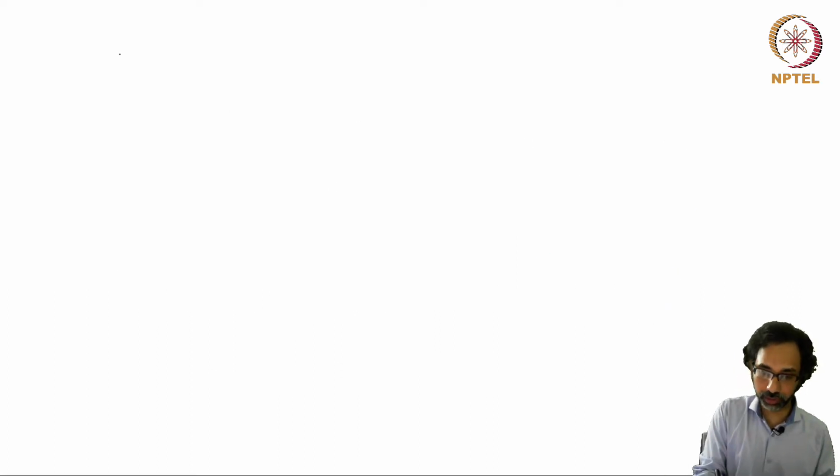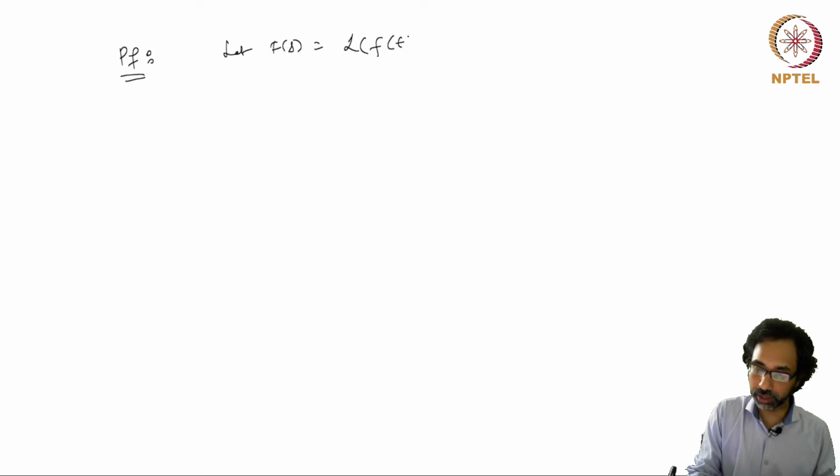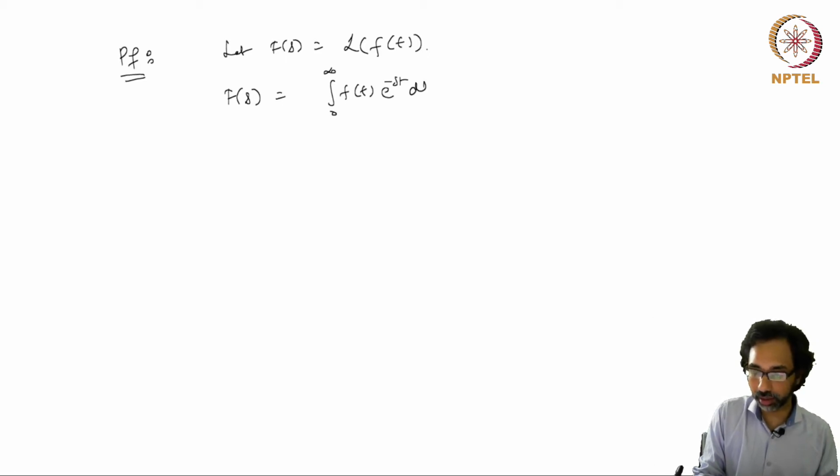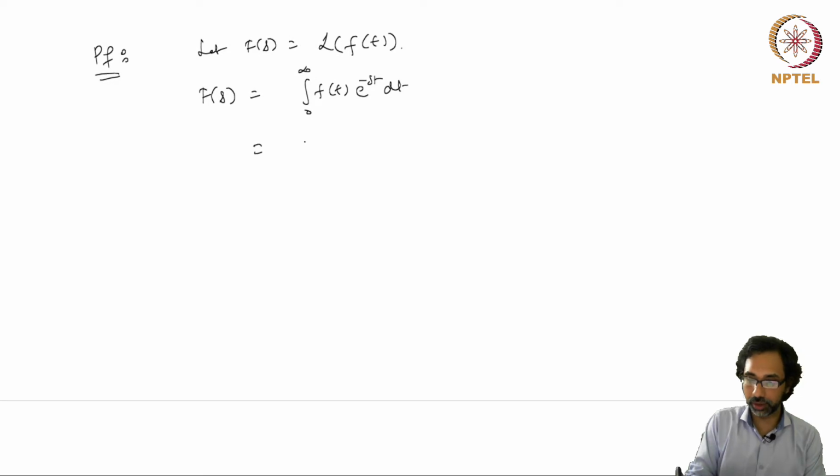So let's try to prove this. Let F(s) denote the Laplace transform of f(t). So then we can define the integral from 0 to infinity of f(t) e^(-st) dt. Now we are going to break up this integral. The first integral is from 0 to T, and the second integral is from T to infinity.